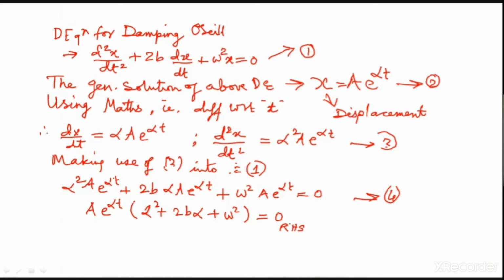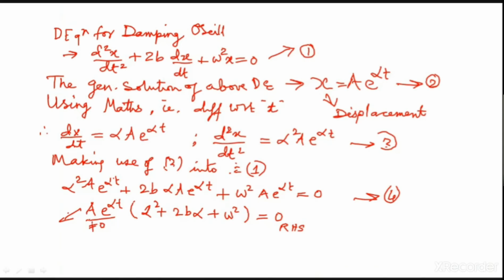To make RHS 0, either a e to the power of alpha t is 0, or this one is 0. Either one is sufficient to get RHS 0. But here, this a e to the power of alpha t cannot be 0. Why?